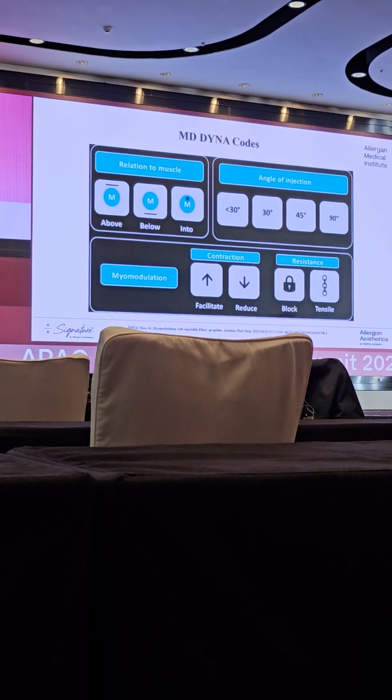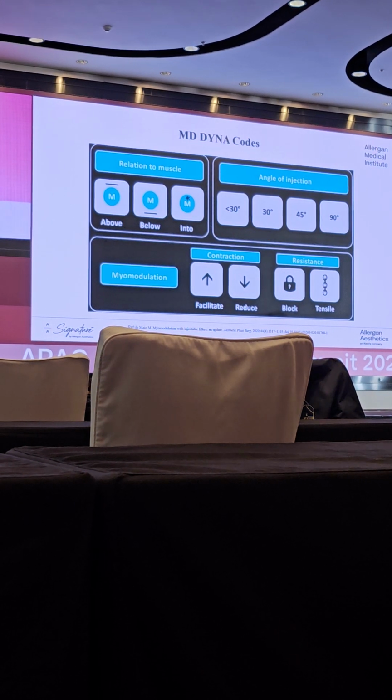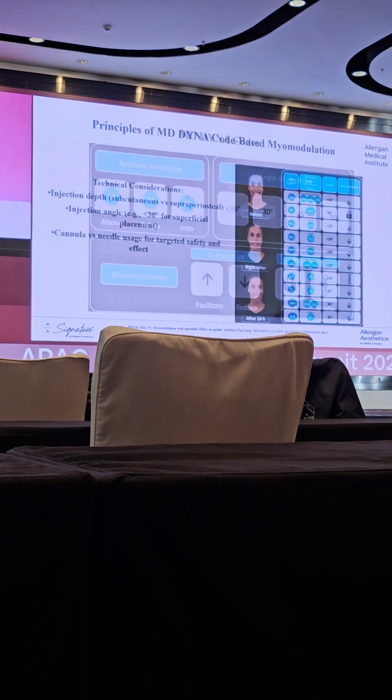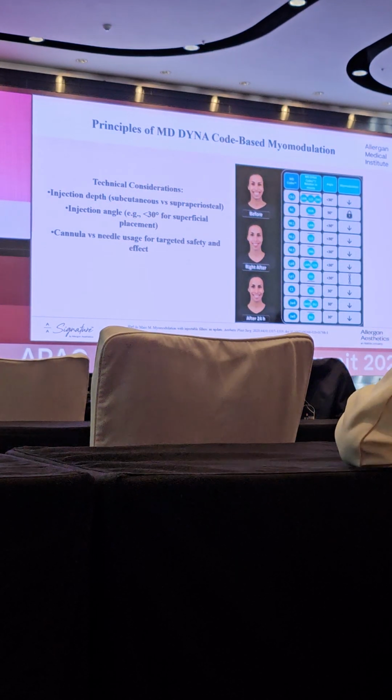So these are the legends. If it is above, it is M with a bar above, below, or into. The angle of injection could be from less than 30 degrees, which means you are placing it very, very superficially, to 90 degrees, which means you are going under the muscle. So injection depth is very important.